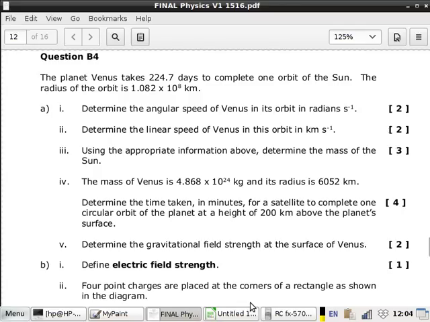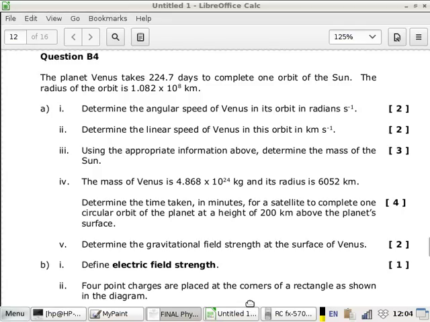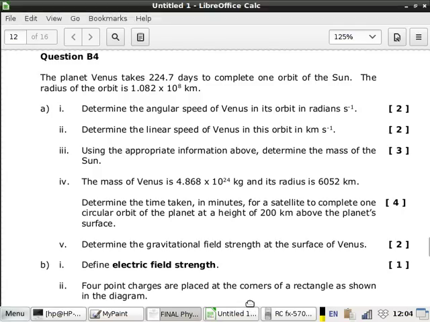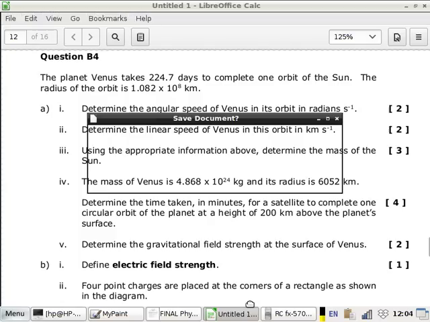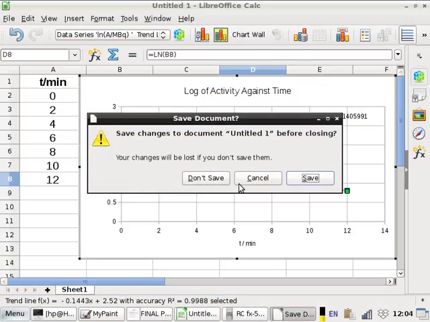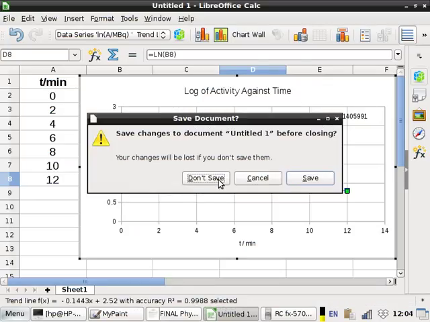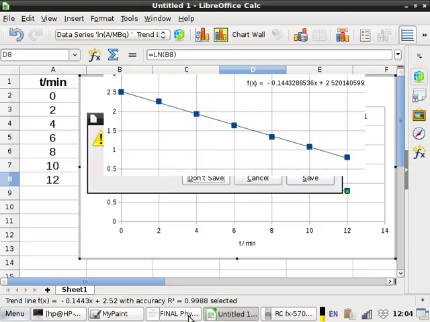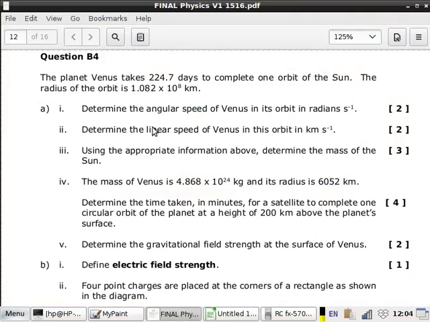T squared equals 4 pi squared R cubed over GM. 4 pi squared or cubed? The omega is the angular speed.